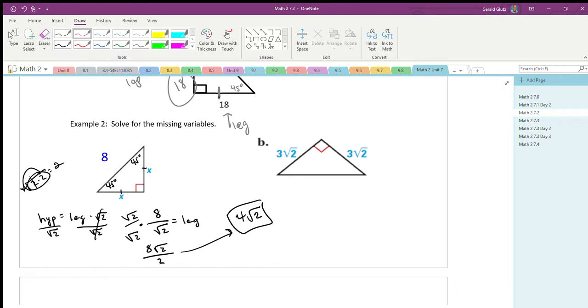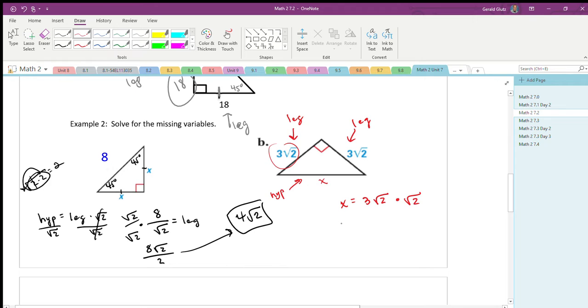And then part B, we have to find this length over here, so I'll just call that x. Again, this is a leg, and this is the hypotenuse. If the leg is 3 root 2 and I'm trying to find the hypotenuse, we just multiply the leg times the square root of 2.